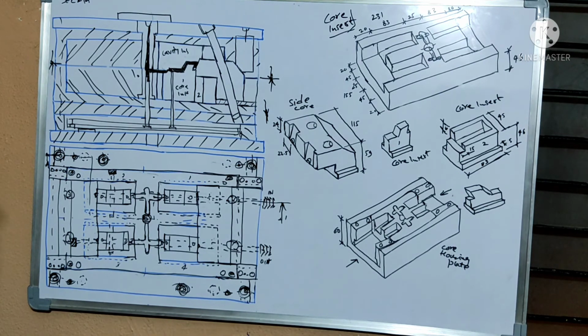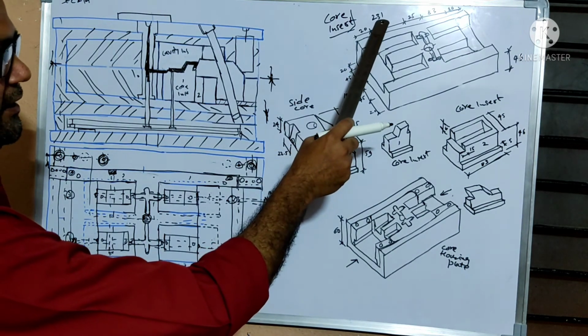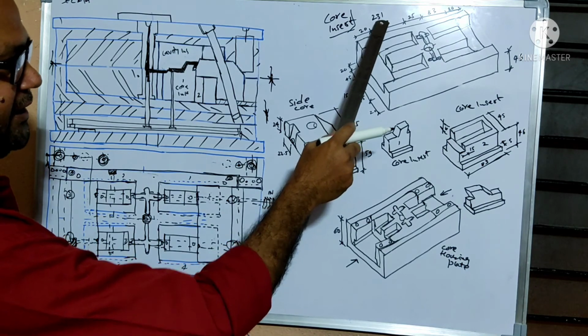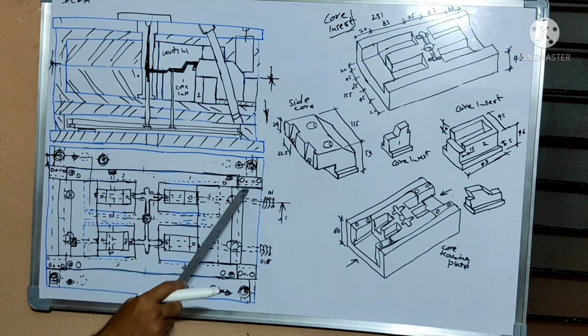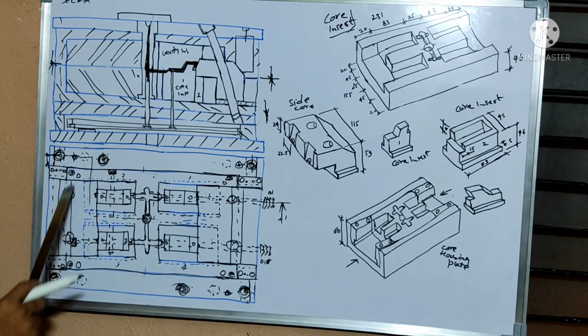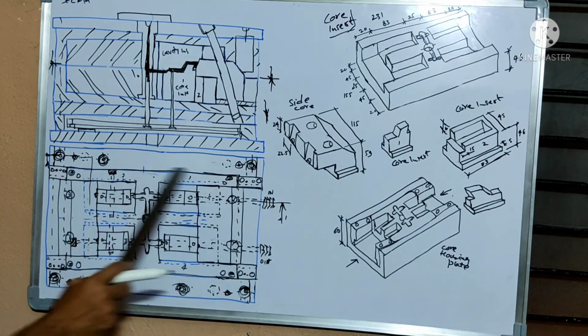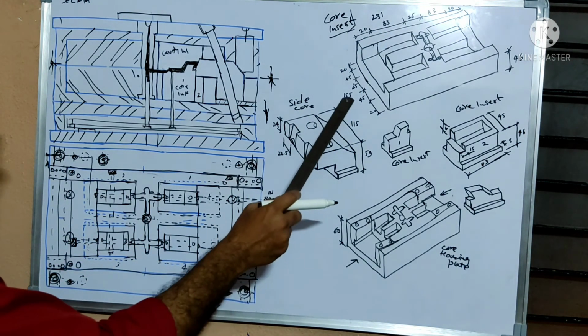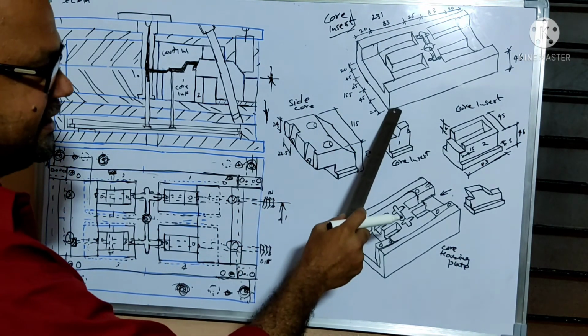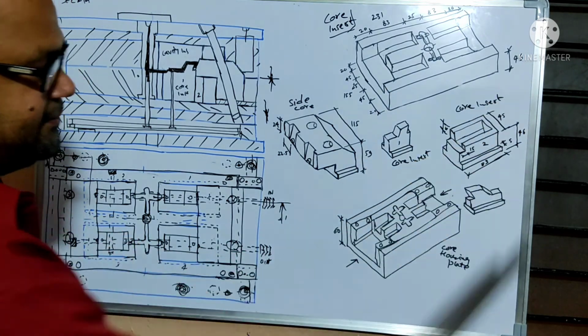The total dimension you are observing is 231 into 155, means the total HDS core insert is 231 lengthwise and the width is 155 mm, and the thickness of this insert is 46 mm.